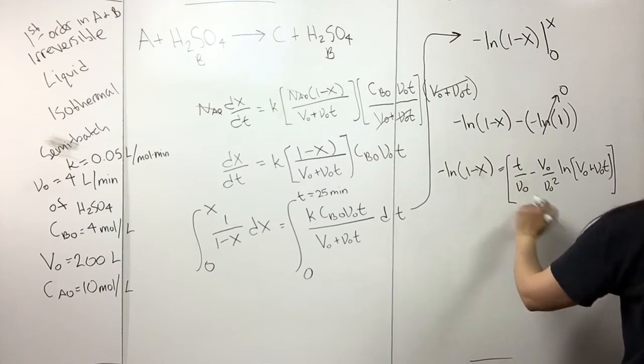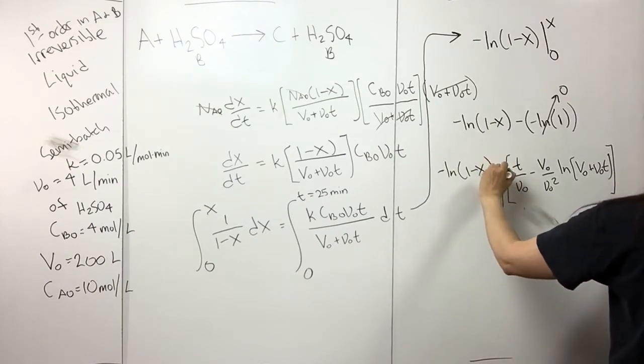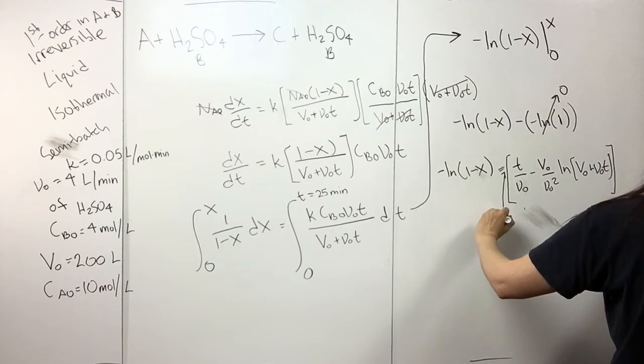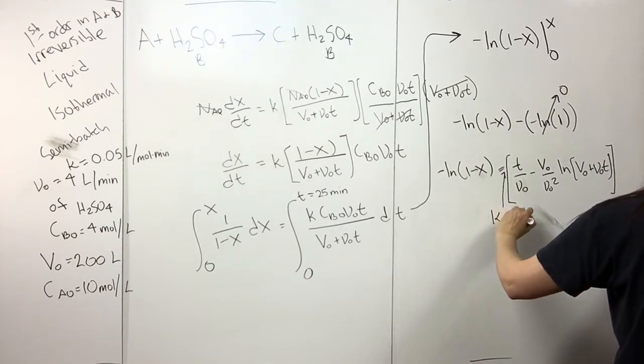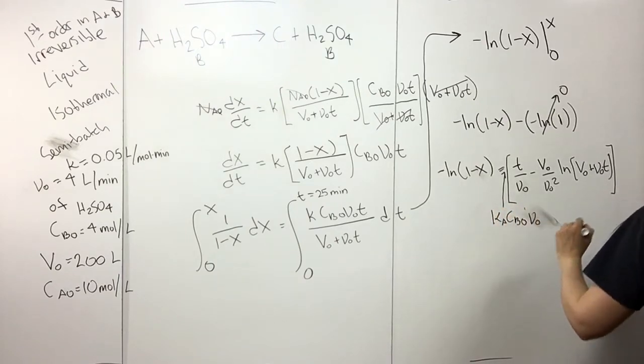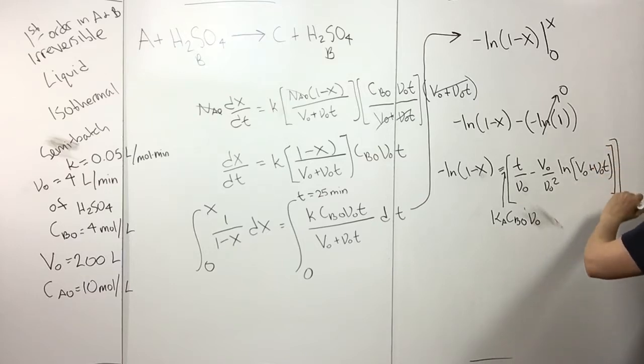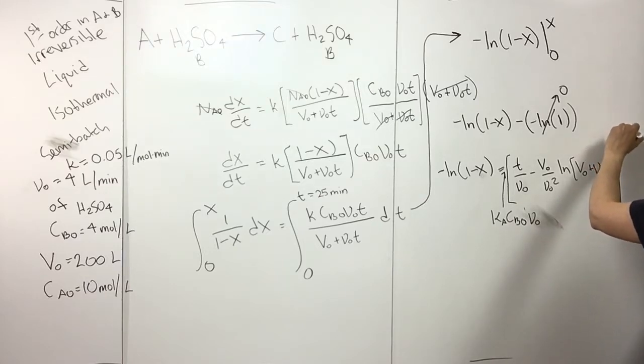I'm just going to write this over here, so just plug that in there. So kA CB naught V naught, and then if you apply the limits, this is from 0 to 25.